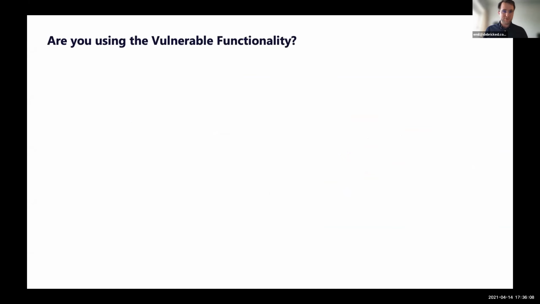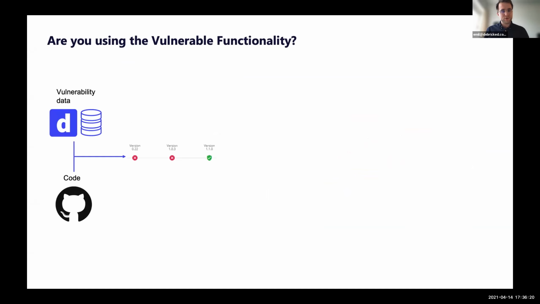We actually do this automatically at Debricked, where we use our vulnerability database together with our clone of GitHub and all the code. First we match the different vulnerabilities with the different versions of the code. So we check out each vulnerable or non-vulnerable commit or release commit, and try to understand those different versions of the code by building a vulnerable abstract syntax tree and a safe abstract syntax tree.